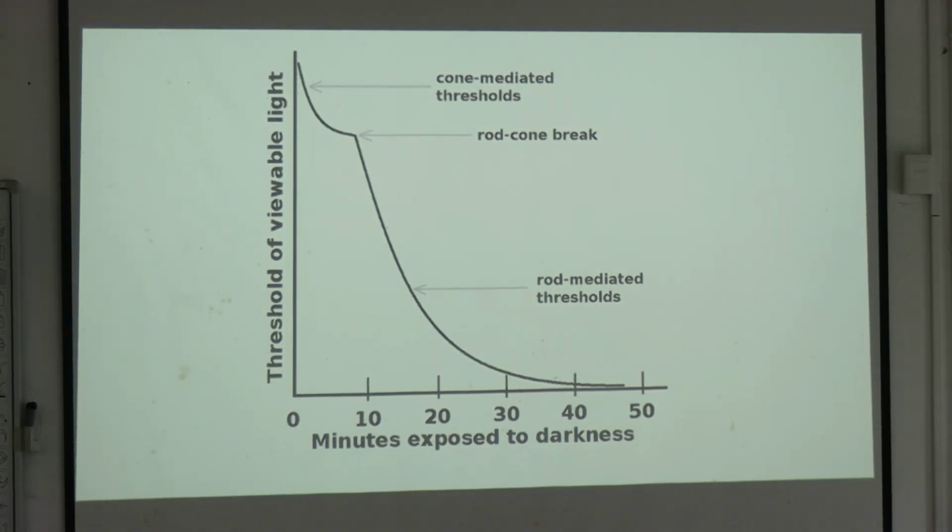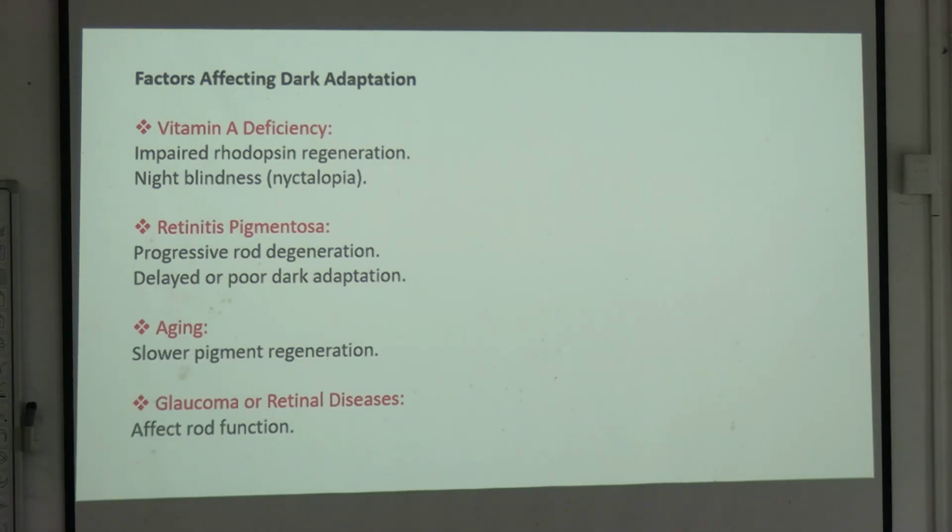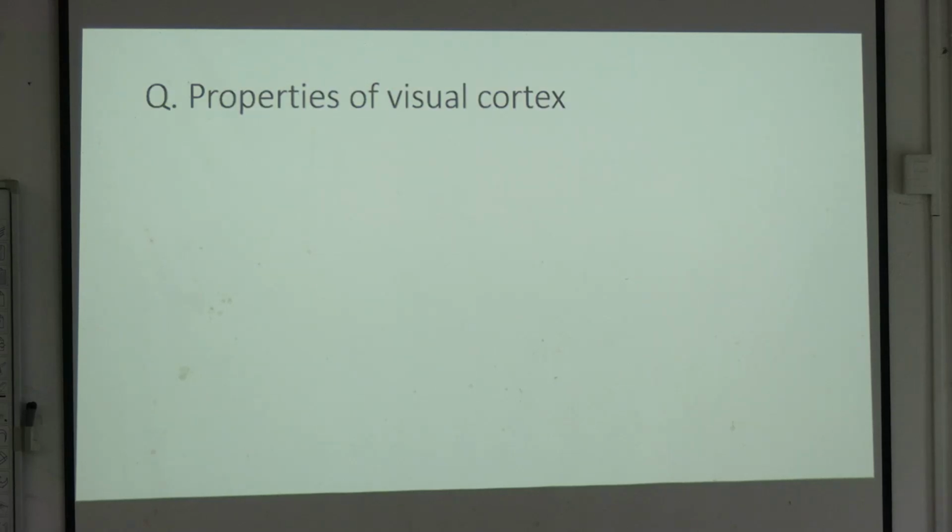Finally your dark adaptation is basically due to rod cells and not the cone cells, although it is started by cone cells. Dark adaptation will be defective in vitamin A deficiency, retinitis pigmentosa, aging, glaucoma and other retinal diseases.